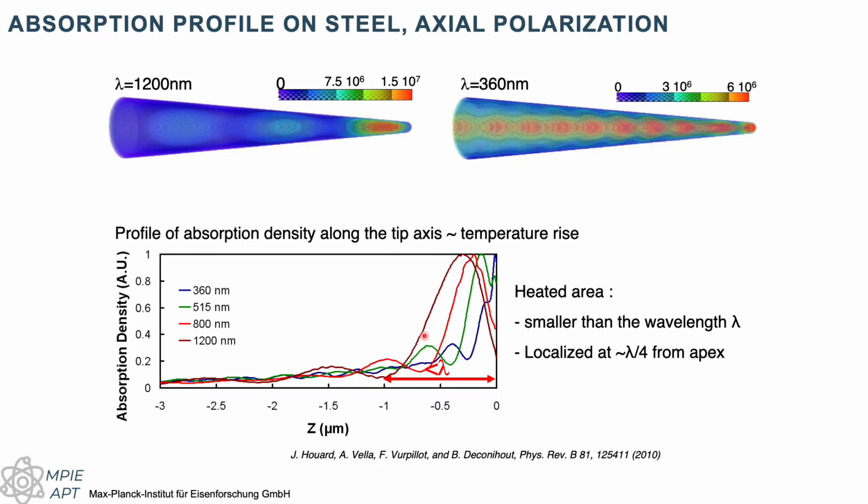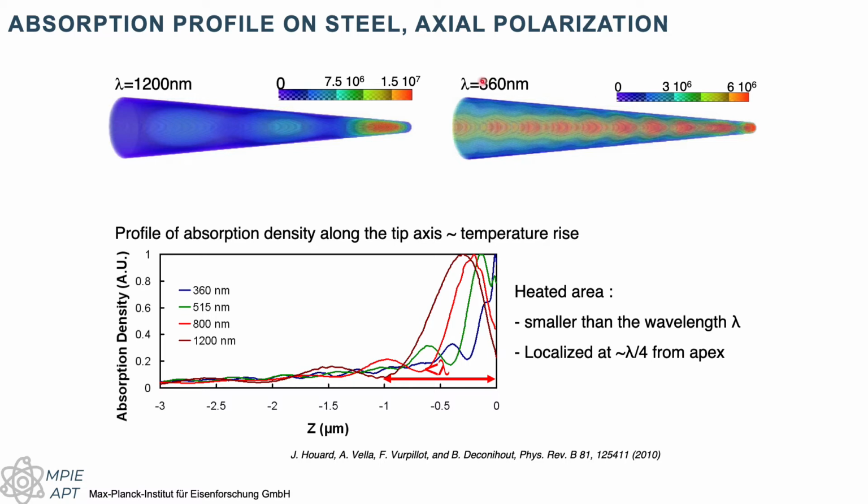And this is just due to the way an electromagnetic wave is going to interact with a metallic object. So there will be these hotspots of absorption that are localized on one side of the specimen. So it doesn't necessarily cross the entire specimen. And what they showed is that there was basically a peak of absorption of the light at a distance that was more or less a wavelength away from the apex.